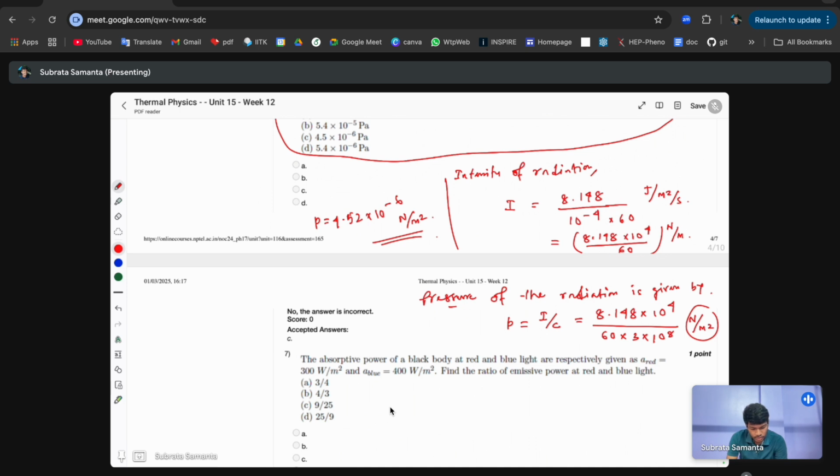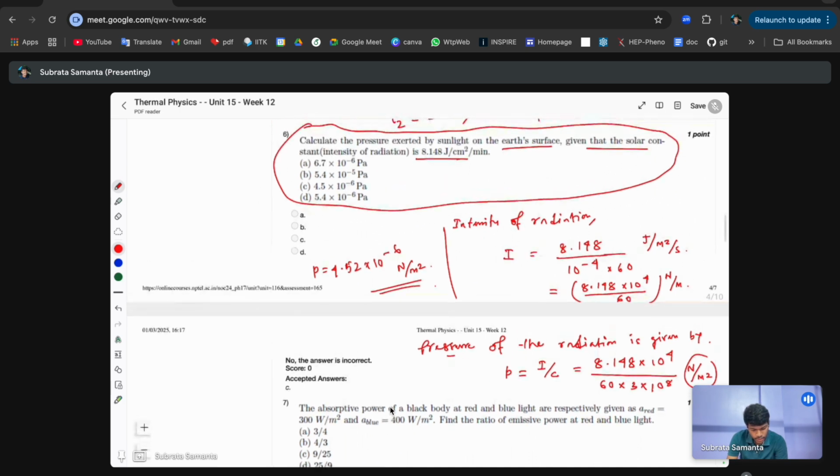Let's check the options. 4.52 times 10 to the power minus 6 Newton per meter square, that means it's Pascal. 1 Newton per meter square is basically 1 Pascal. So it's option C. 4.5 is very close to this, up to two significant digits, it's 4.5.